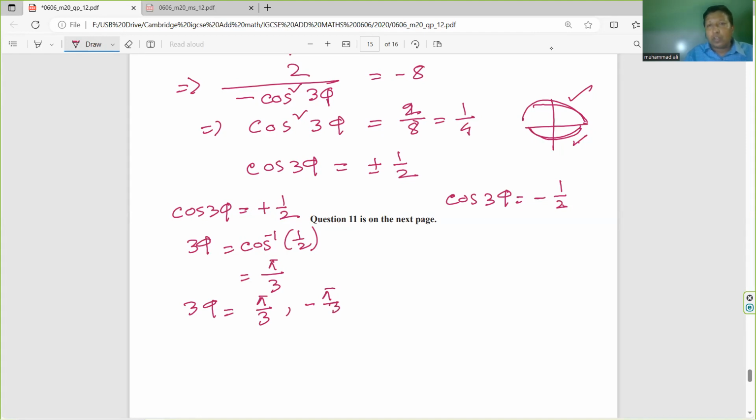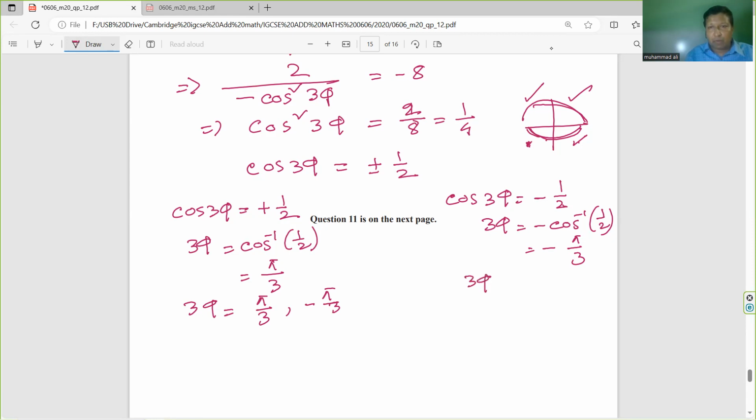And for cos 3 phi equals minus half, 3 phi equals minus cos inverse 1 by 2, that means minus pi by 3. We will check where cos is negative. Cos is negative in the second quadrant, where the result comes in positive, and also in the third quadrant, where, because the interval is in the negative, the result comes in negative format.